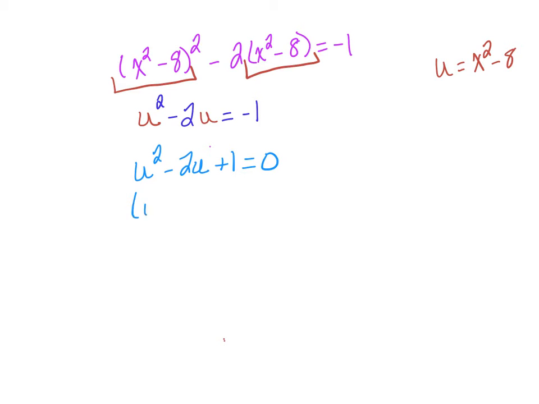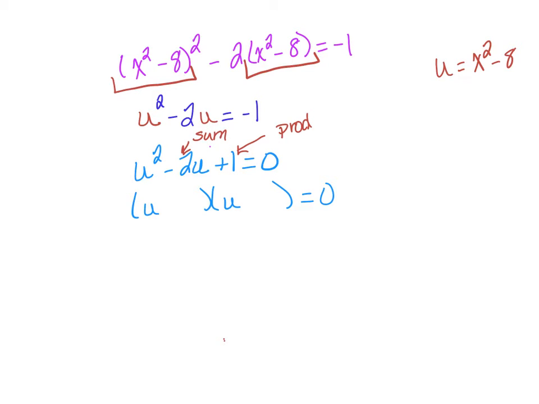So I've got u, u squared, u times u. My product is 1, so I'm looking for two numbers multiplied together that give me positive 1, and negative 2 is my sum.